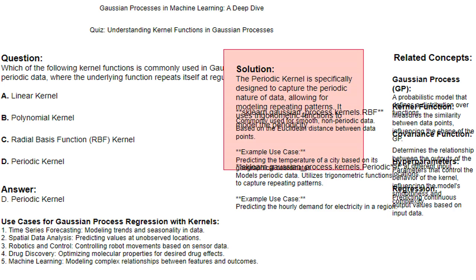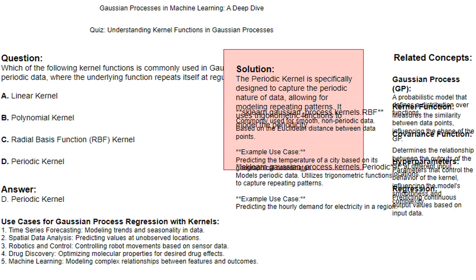Gaussian process (GP). A probabilistic model that defines a distribution over functions. A Gaussian process is a powerful statistical tool that allows us to model the uncertainty in a function's output.